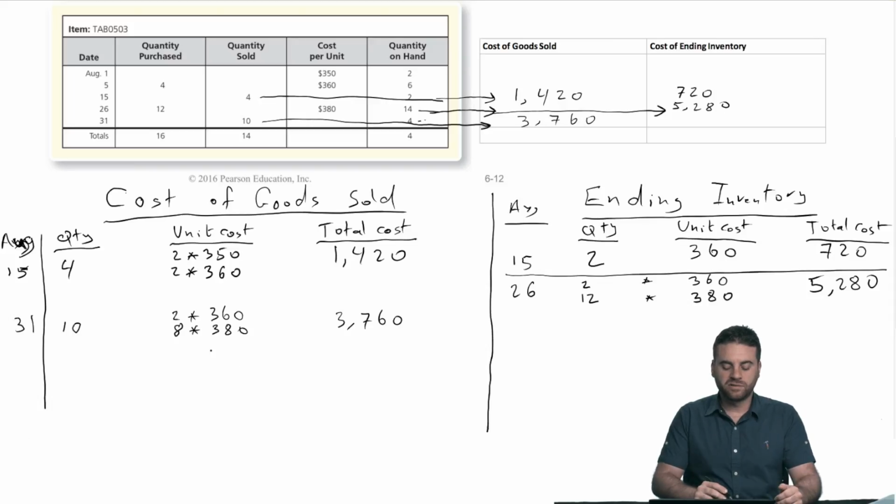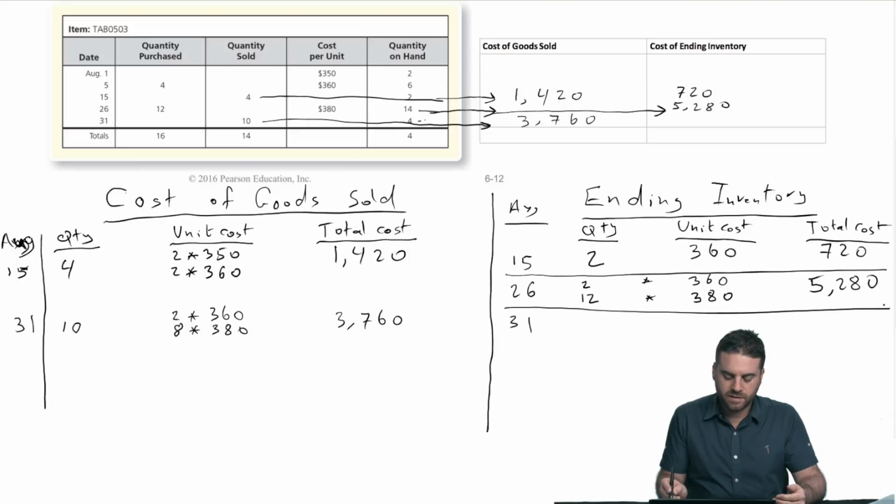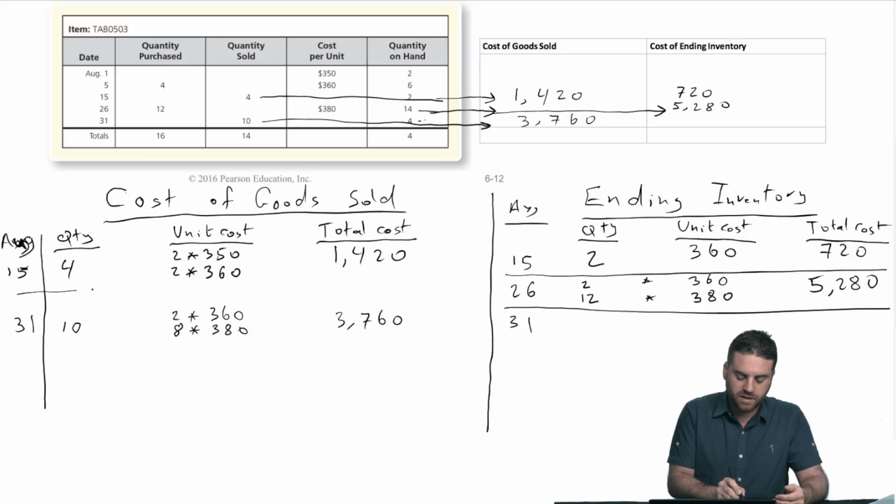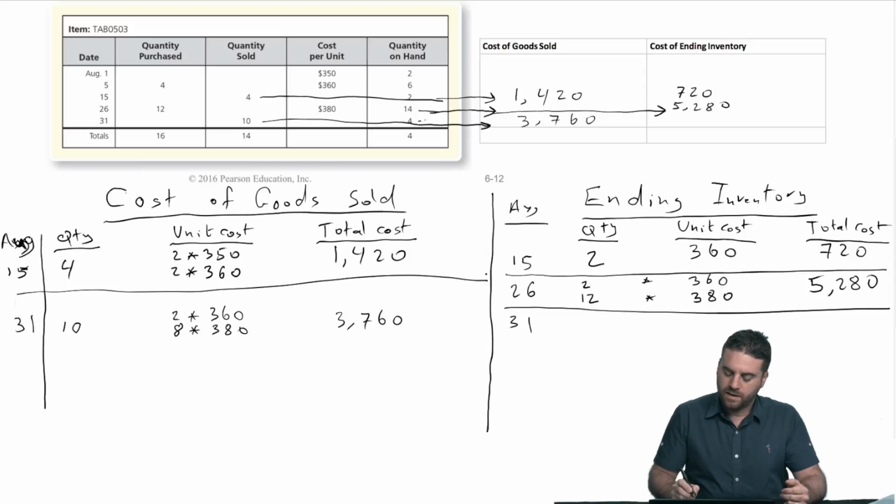Now that we sold 10 out of those 14 that we had right before we sold those 10 units, let's find out the cost of the ending inventory, or the leftover inventory, after we sold the 10. So on August 31st, let me draw a line here. How many units do we still have? Well, we had 14 minus 10. That will be 4 units left over.